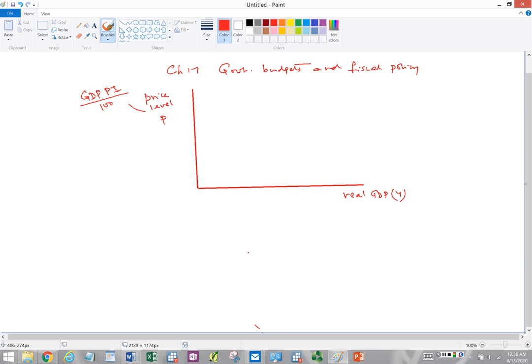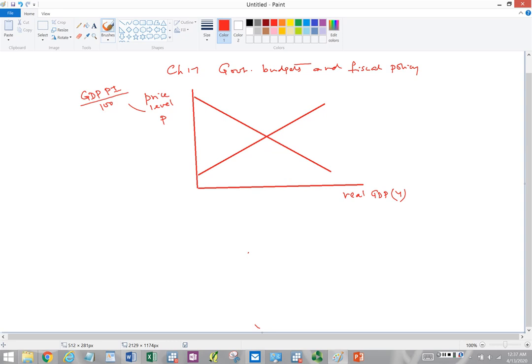Let's throw in the aggregate demand curve, negatively sloped like that. And then we have the short-run aggregate supply curve, which is positively sloped like this. Recall in chapter 14, we learned that the long-run aggregate supply curve is a vertical line, correct?